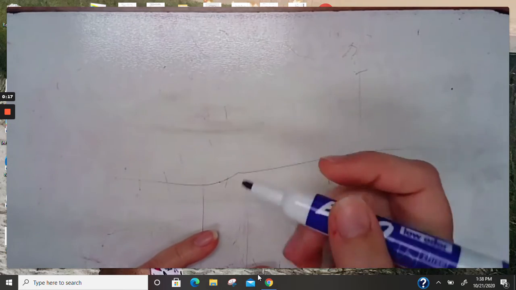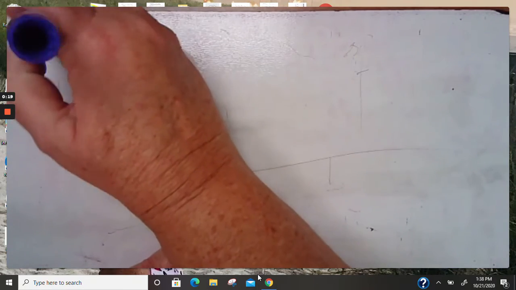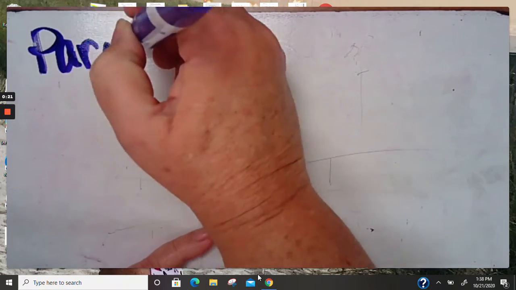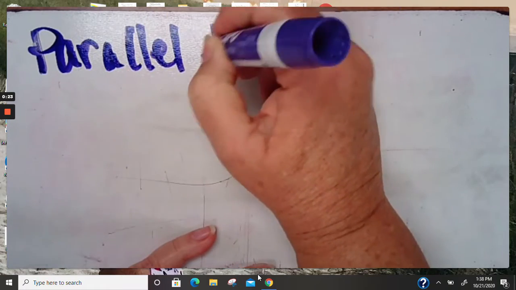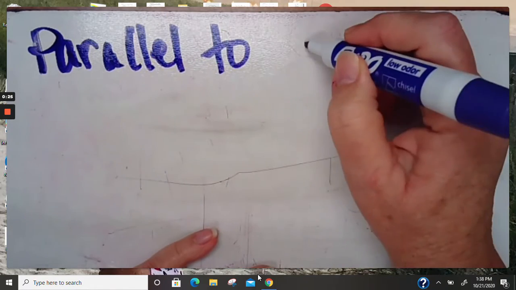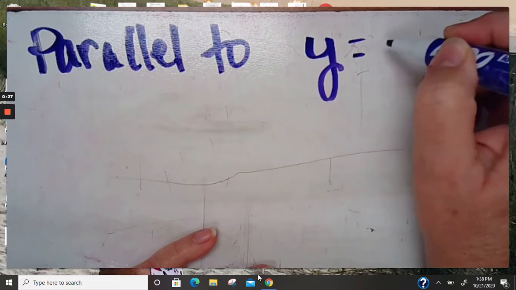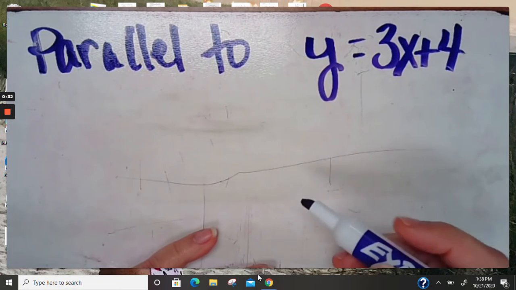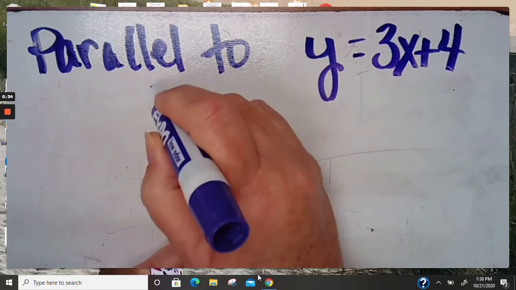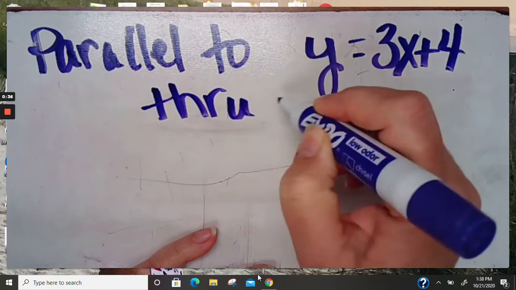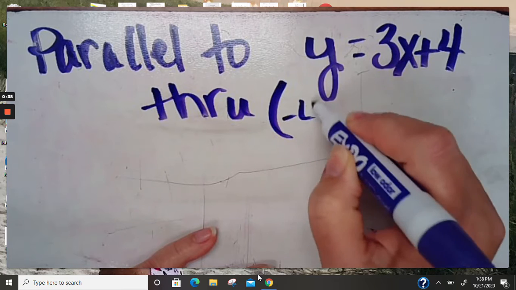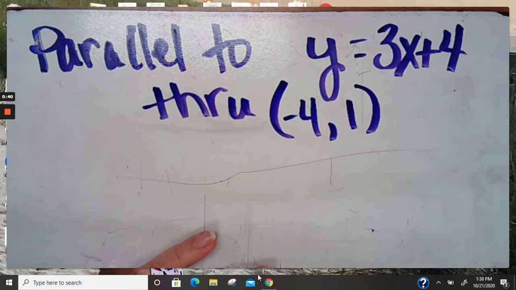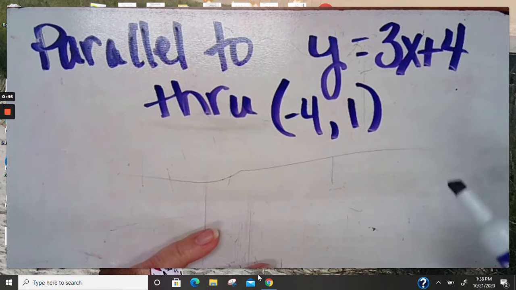So, let's start with parallel to y equals 3x plus 4 and passes through the point -4, 1.